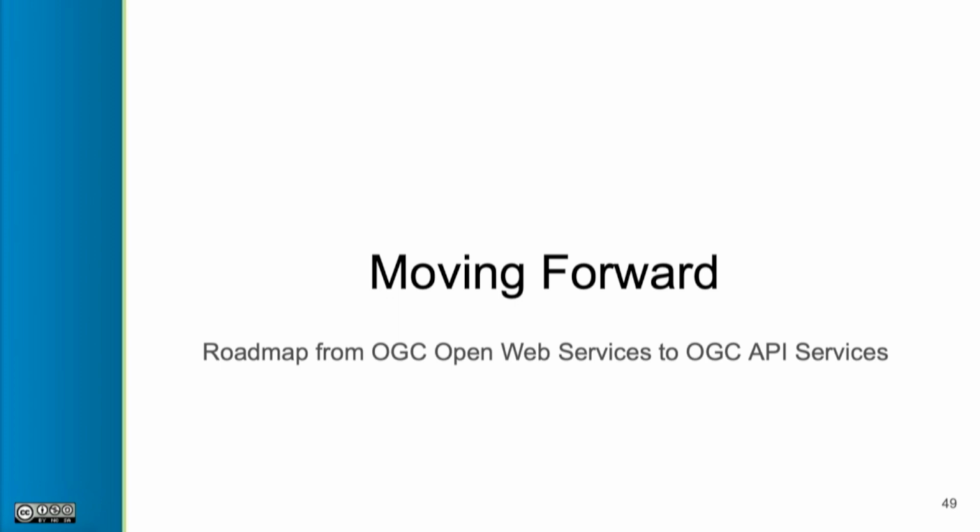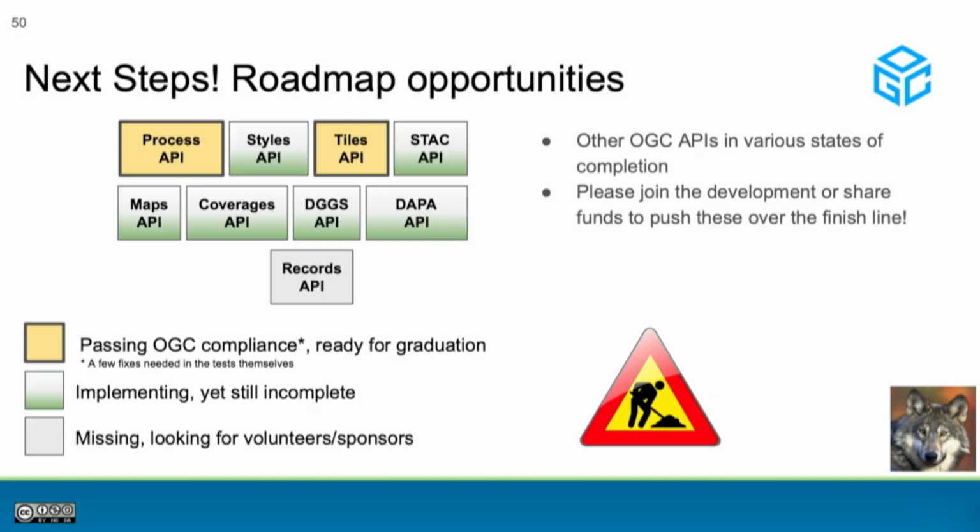Moving forward, where we're going next. So here's what we've got right now. We've got processes and tiles that are ready to be certified. In some cases, we're waiting on funding or fixes from the OGC, but when these pass certification, we'll be able to make them available as a formal extension. We've got a whole host of standards where the work is in progress.